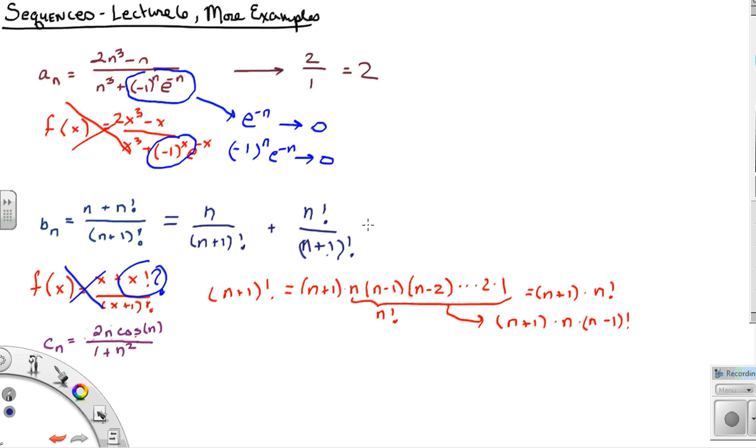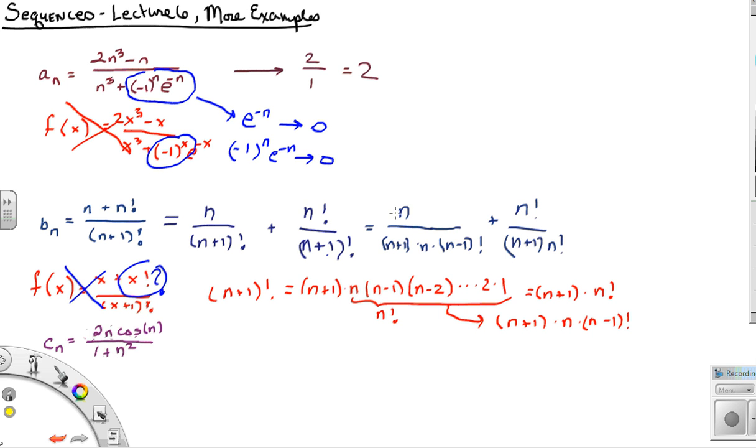So this is going to be n over (n plus 1) times n times (n minus 1) factorial, and this is going to be plus n factorial over (n plus 1) times n factorial. And why is that useful?